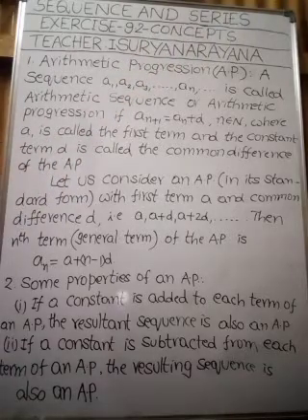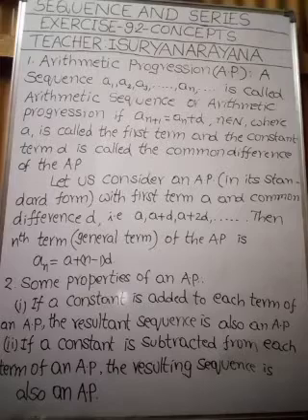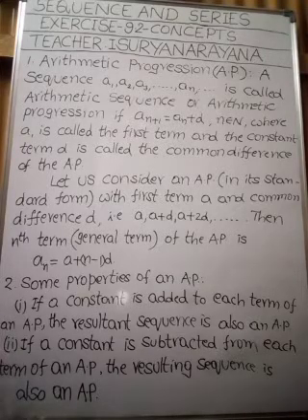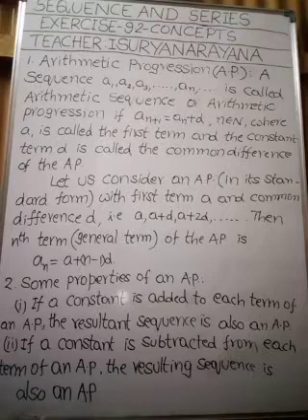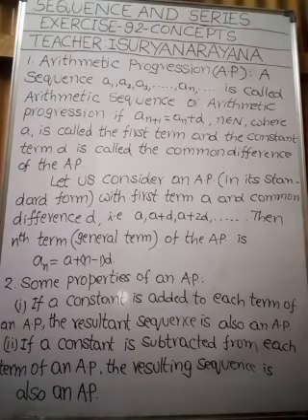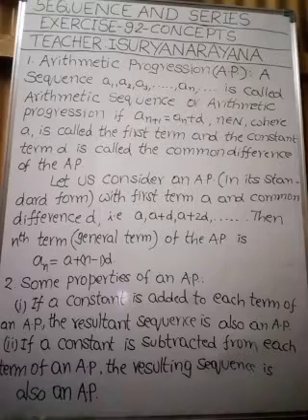In the previous class, we have already discussed the concepts of exercise 9.1. In that exercise, we have discussed what is meant by a sequence, what is meant by terms of a sequence, how to denote the terms of a sequence, what is meant by a series, and summation notation, sigma notation.